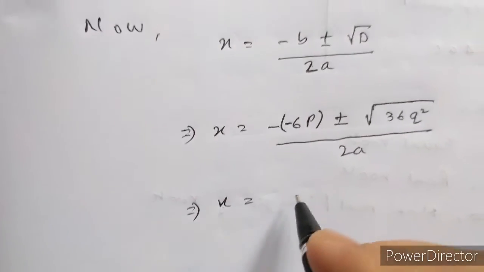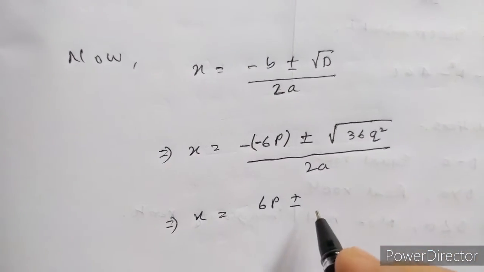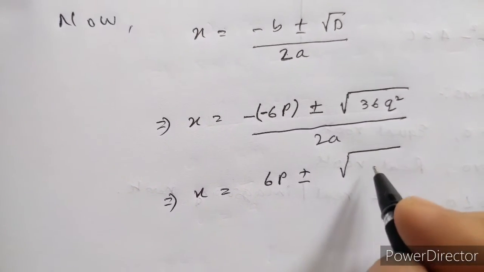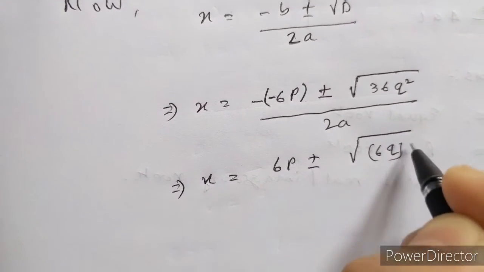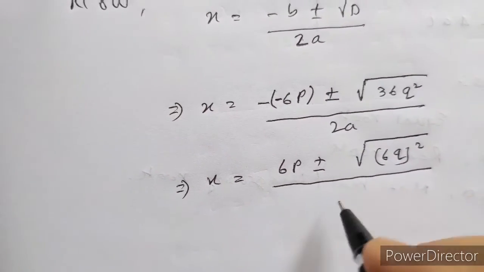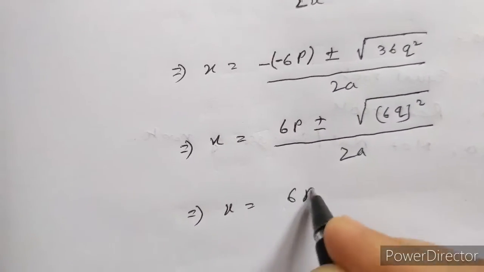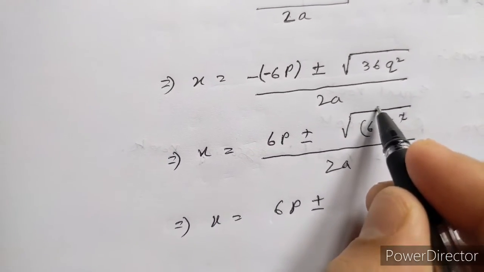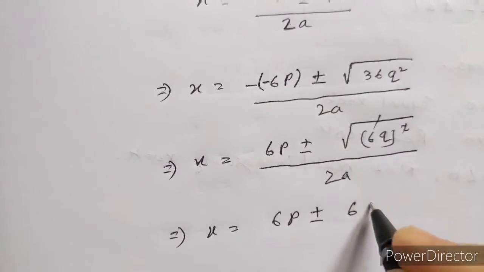So x is equals to, this will become plus 6p plus minus, so I can write, instead of 36 is a square root of 6, so I can directly write 6q whole square, because q square is already there. So 2a. X is equals to 6p plus minus, so this root and this square will be cancelled. This will be 6q.